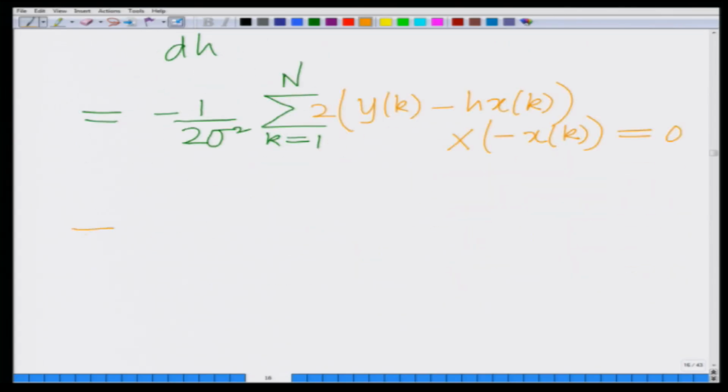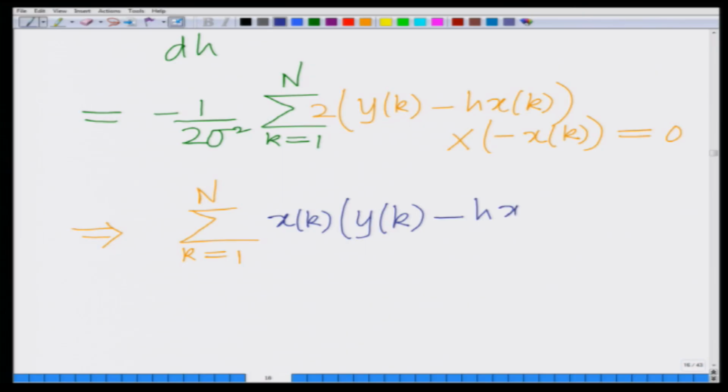This implies 1 over sigma square goes away, that is a constant, which implies summation k equals 1 to n xk times yk minus hxk equals 0.